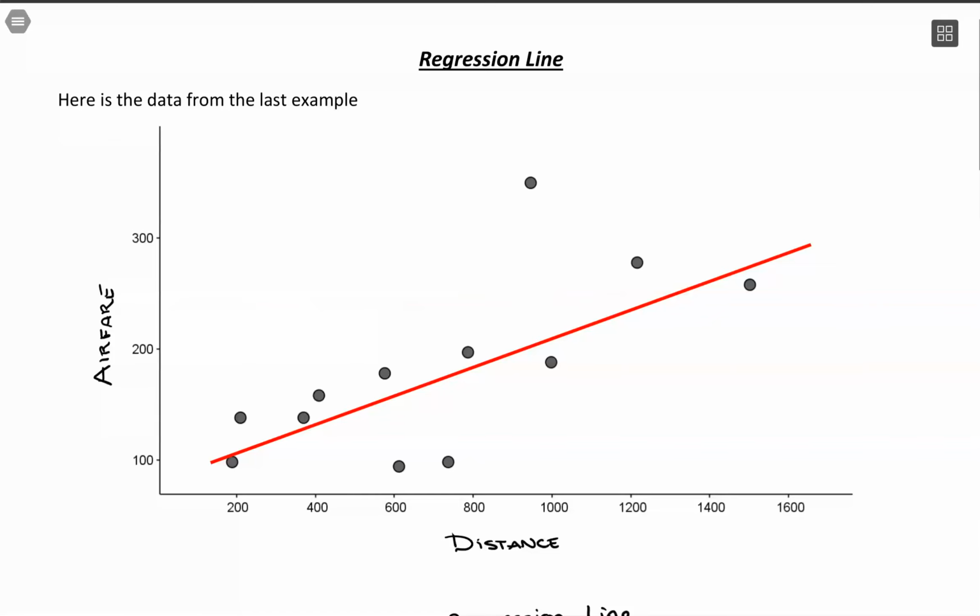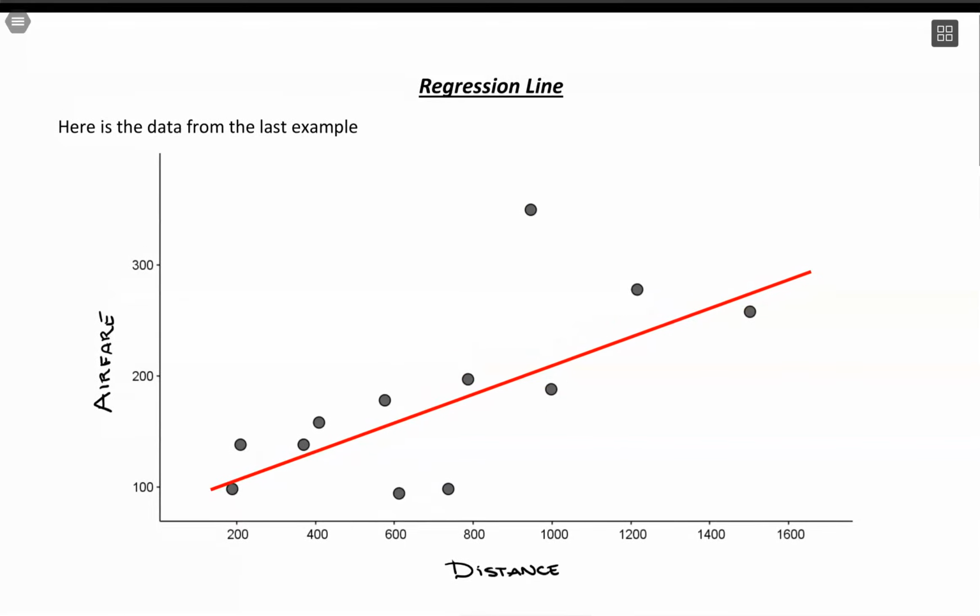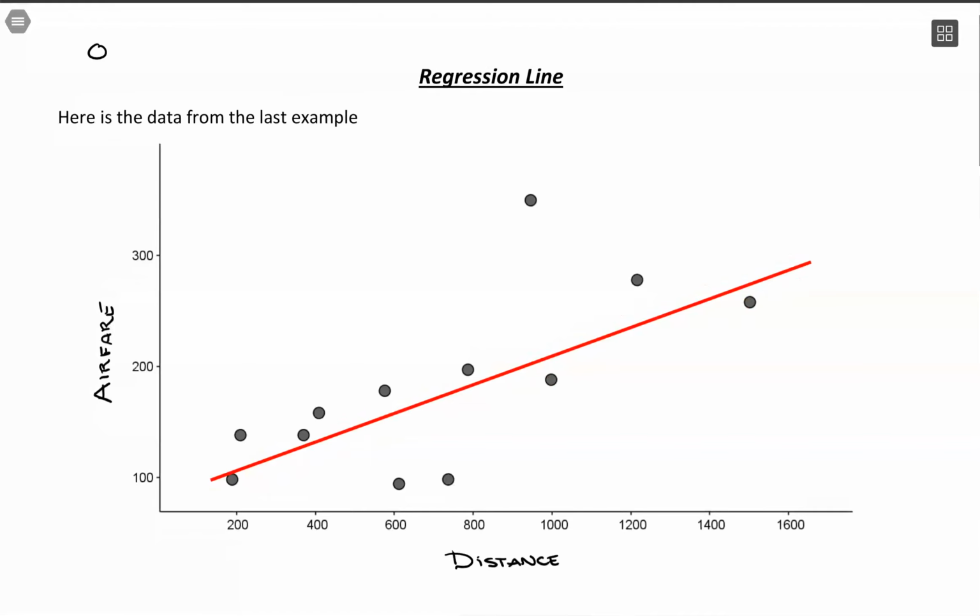So what we see from our scatter plot now are two values. We have the dots, which came from our actual data set. So we have these observed values. So let me even write this out. We have these observed values, which we call Y, and it's from our data. And then what we're going to have coming from the line are predicted values.